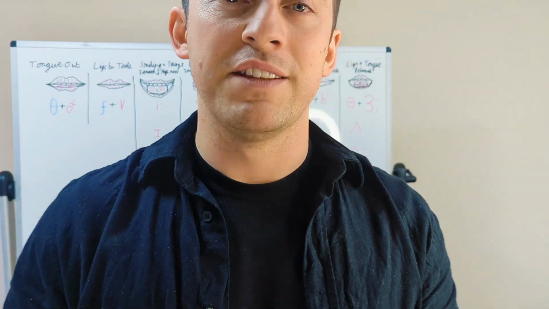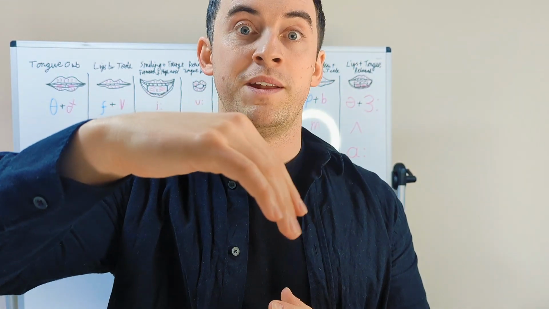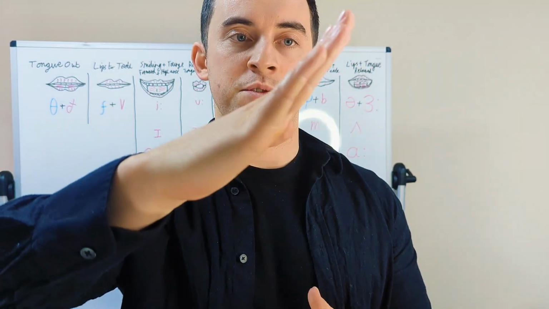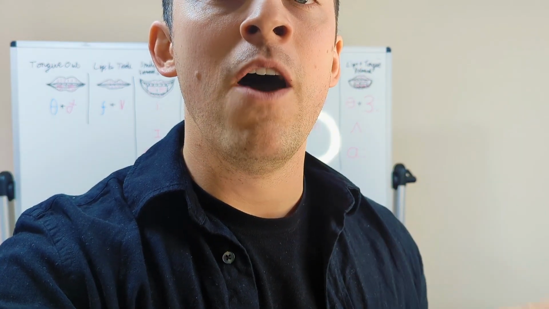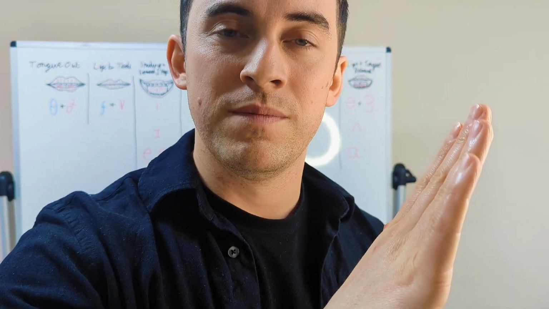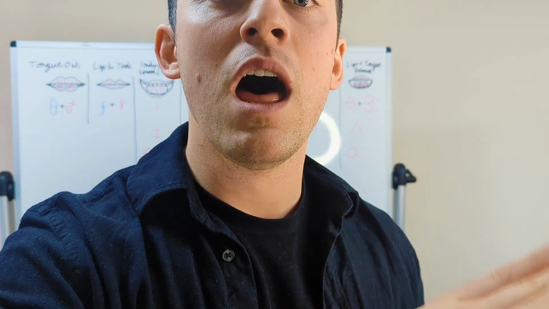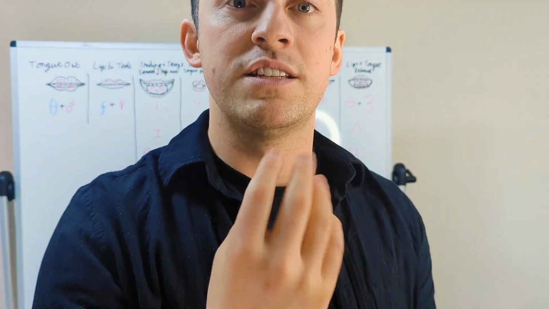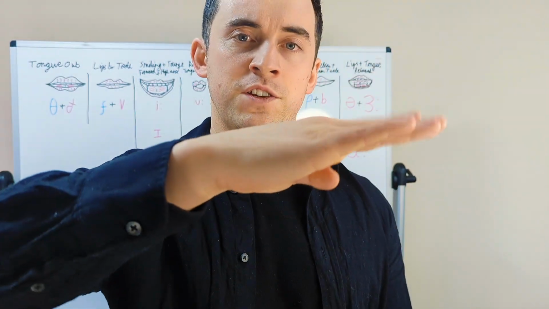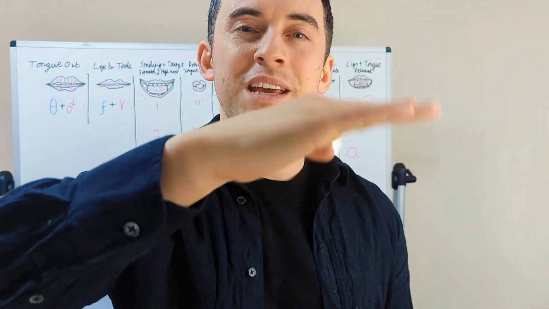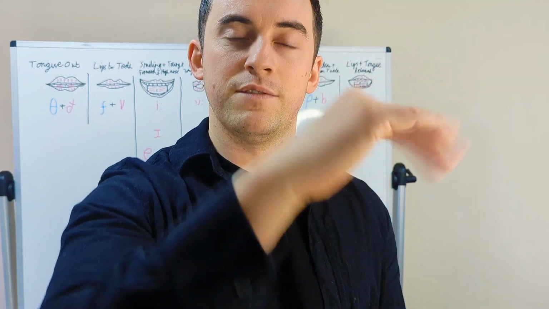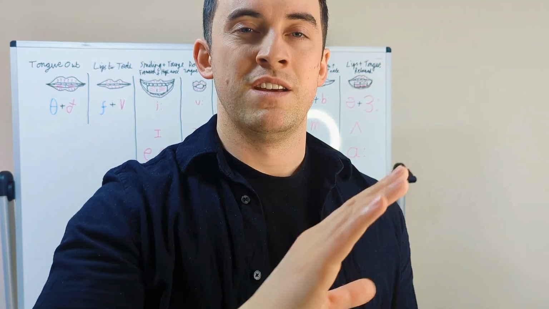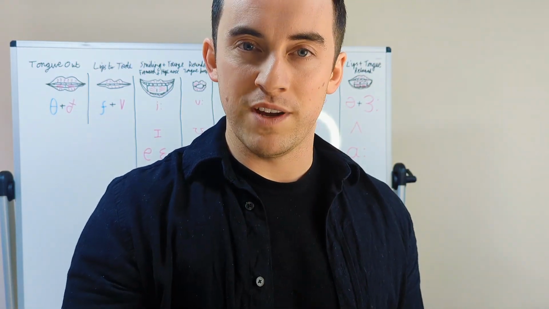You want to avoid that because if you want to go from an S to an L, if your tongue tip's already up, it will just go slow. It's already in the position. Start. And your tongue can just go like that.